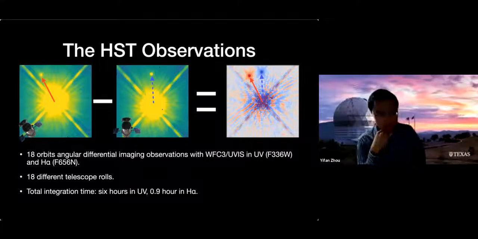The total integration time is much greater in the UV band because we expect the signal in the UV to be lower. The H-alpha emission from the planet helps to increase its signal quite a bit, so we only applied less than 1 hour of integration time in H-alpha.